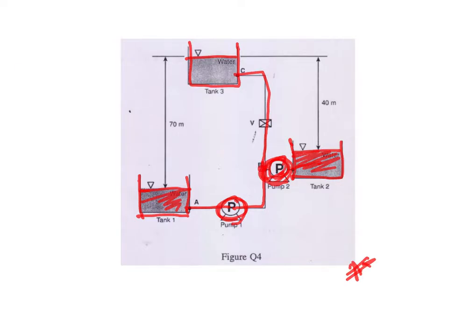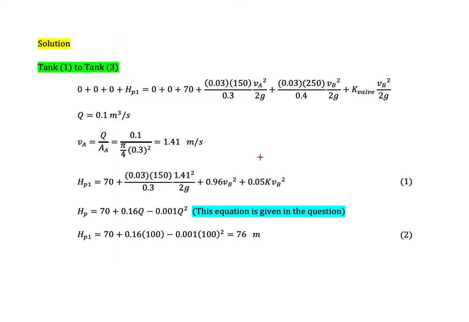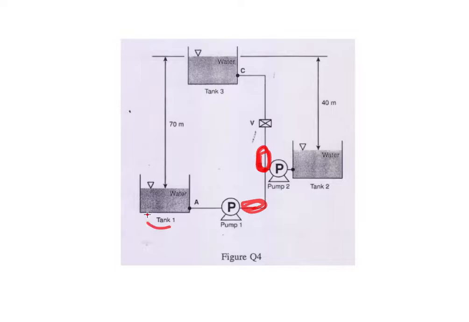But what you need to understand is that the discharge here is actually the sum or the total discharge from pump number 1 and pump number 2. So we could start to calculate this by having a Bernoulli equation from tank 1 to tank 3. So this is tank number 1 and this is tank number 3.